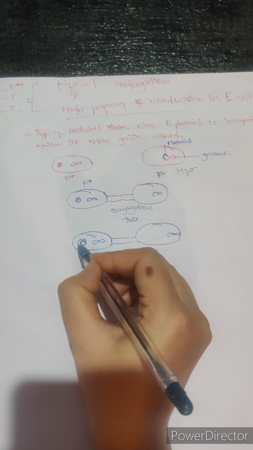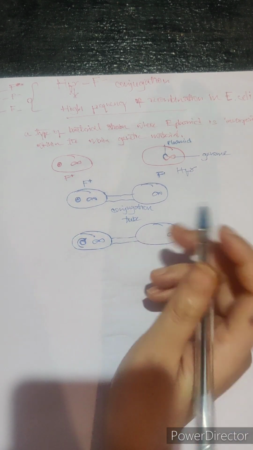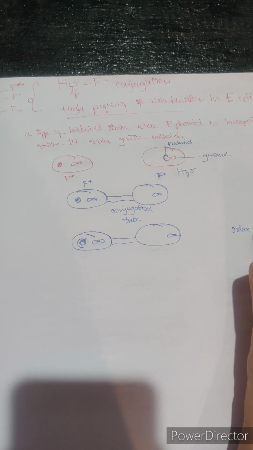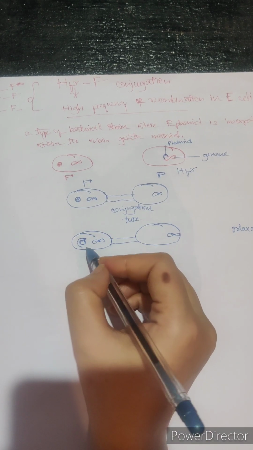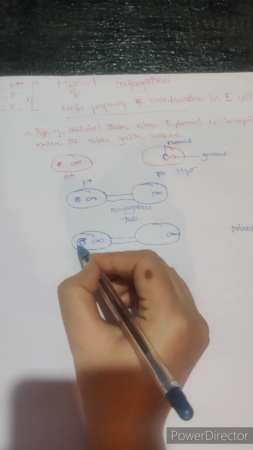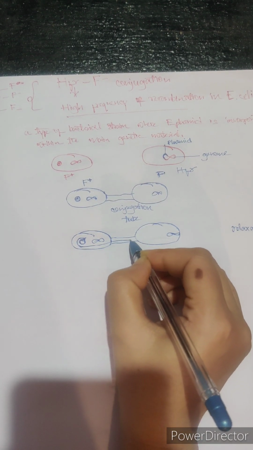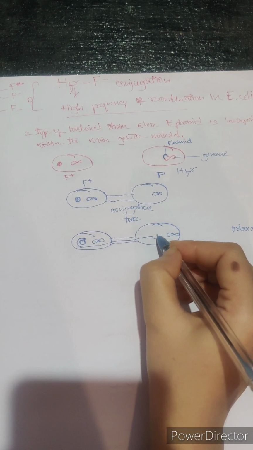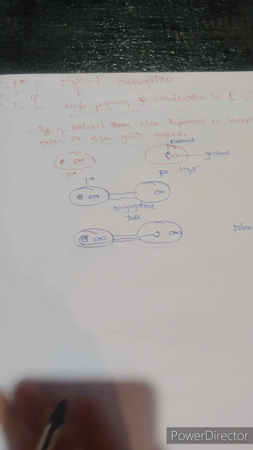Here at the portion of the oriT region, with the help of an enzyme known as relaxase, one strand of the double-stranded DNA is cut and transferred along the conjugation tube to the other bacterial cell.